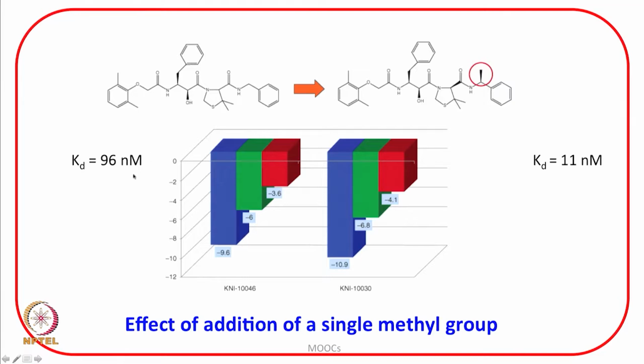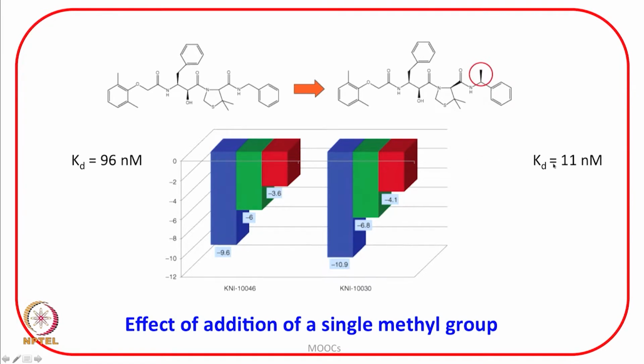The binding of this molecule is associated with a Kd value of 96 nanomolar. One can write Ka, which is 1 over 96 nanomolar in inverse. And the binding of this is 11 nanomolar.